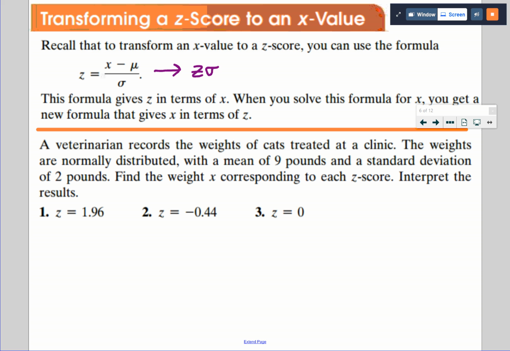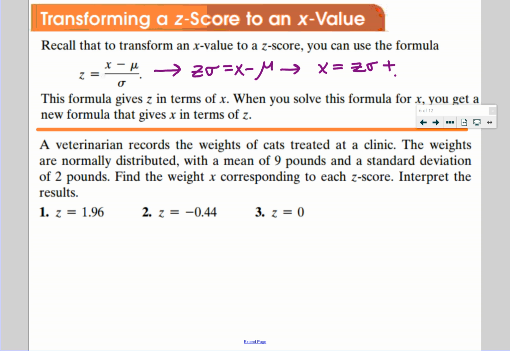And add. Perfect. Thank you. So we're multiplying by the denominator, multiply by the standard deviation, and then add on the mean. So your formula to solve for x, if you are given a z-score in a data set, is the z-score times the standard deviation plus the mean.